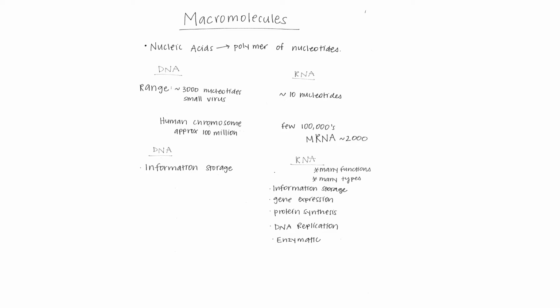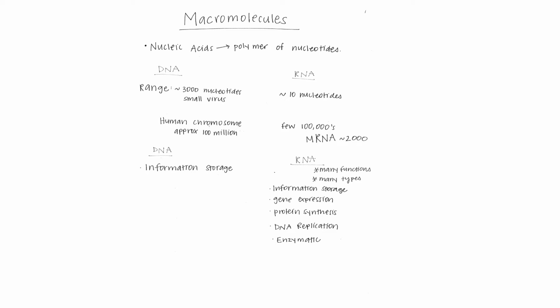There are many types of RNA. Of course, we know about messenger RNA, we know about transfer RNA, we know about ribosomal RNA, but it turns out there are dozens and dozens and dozens of other types of RNA molecules in the cell. And they carry out many functions. And I have a short list here below.